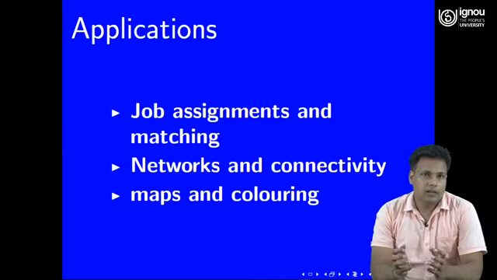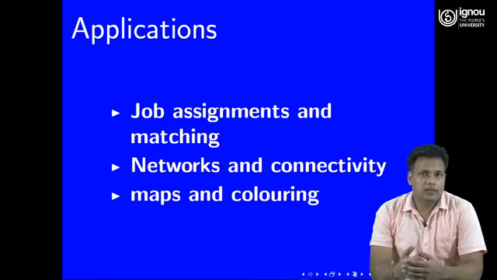For example, if there are n jobs and m applicants, and if you are interested in filling all these jobs, then the first and very necessary condition is that the number of applicants must be at least the number of jobs. Of course, this does not guarantee that all the jobs will be filled the way you want. For example, let's stick to a specific case.